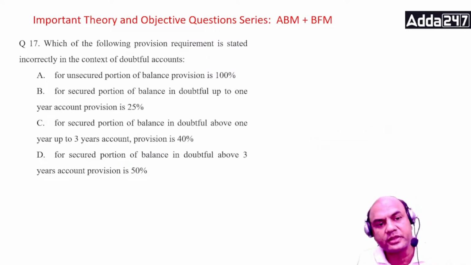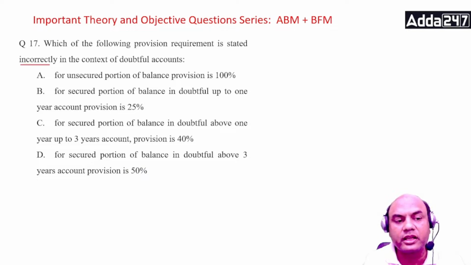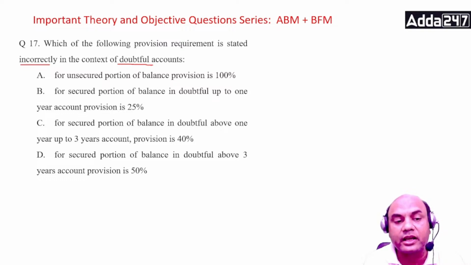Next one. Which of the following provision requirements is stated incorrectly in the context of doubtful accounts? Incorrectly in doubtful means these NPAs, NPA level number 2. Substandard, doubtful 1, doubtful 2, and then loss. For the unsecured portion of the balance, provision is 100%.